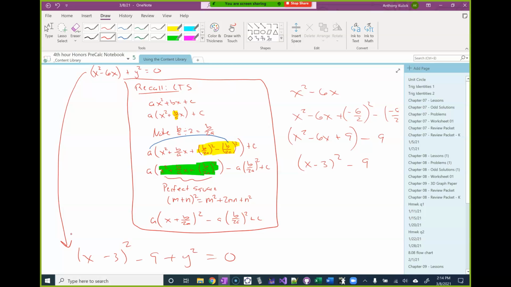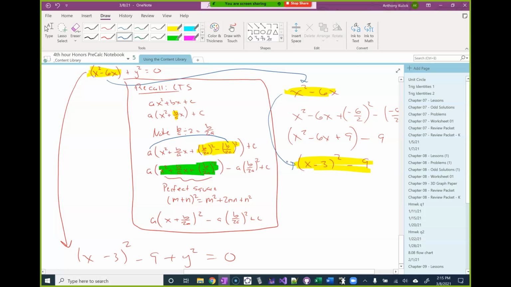Is that okay? Because I've replaced this piece with that piece, right? You kind of see the reasoning now.